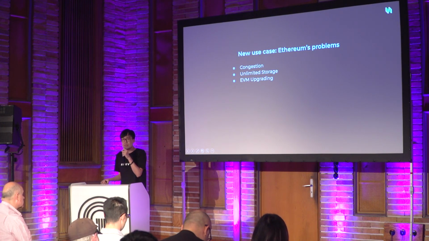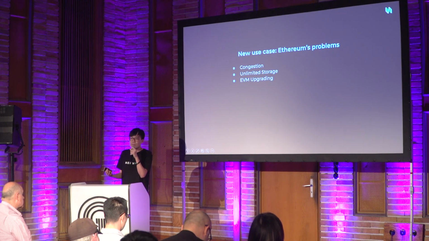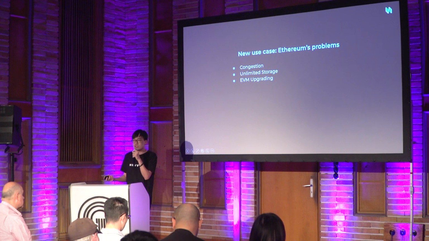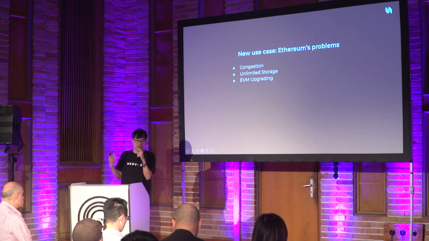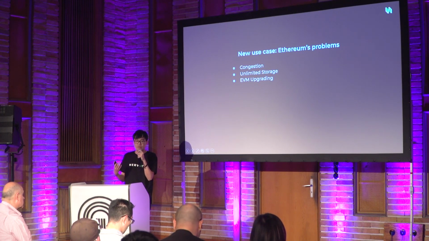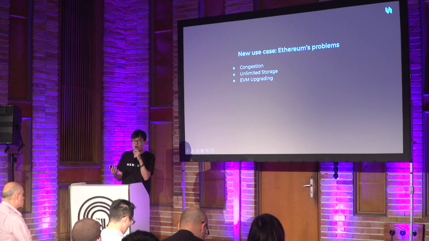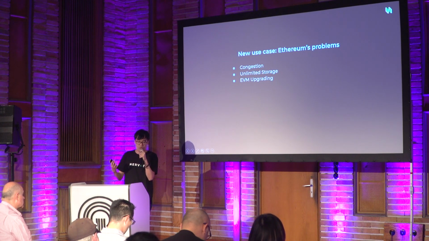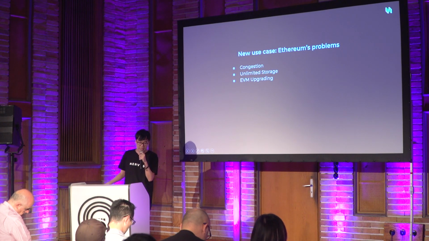The second problem is that Ethereum has an unlimited storage problem. If someone pays their gas, there's no limit on the storage they can use in their contract. Even if you are not using their contract, you have to pay for the storage of all the data their smart contract needs. There's nothing stopping anyone from bloating the space.